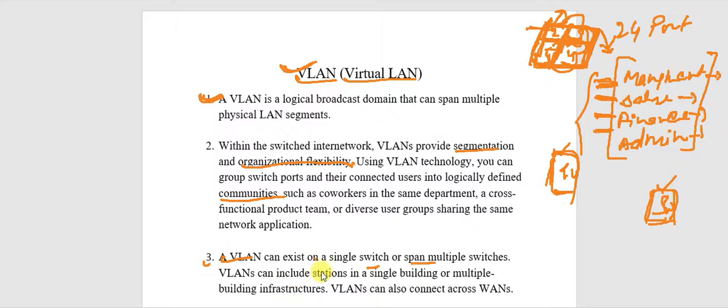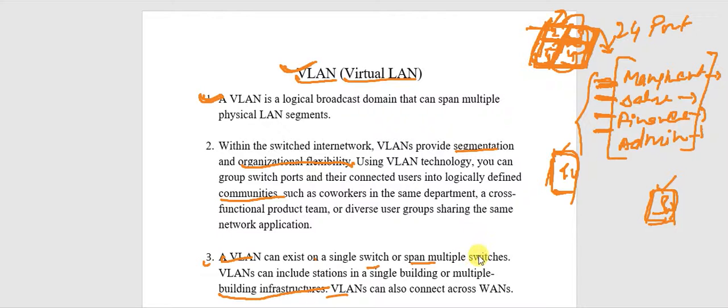A VLAN can include stations in a single building or multiple building infrastructure. Many organizations have multiple locations within the city or outside the city, and they have the VLAN information in their network.